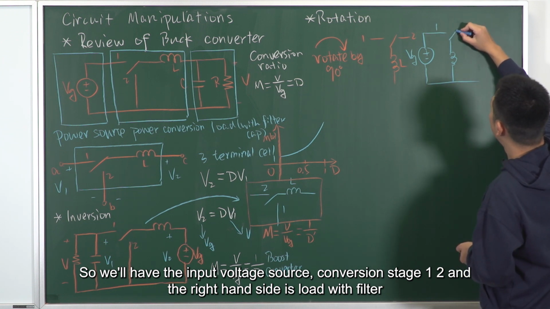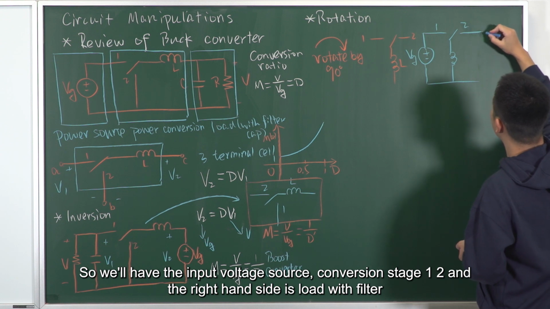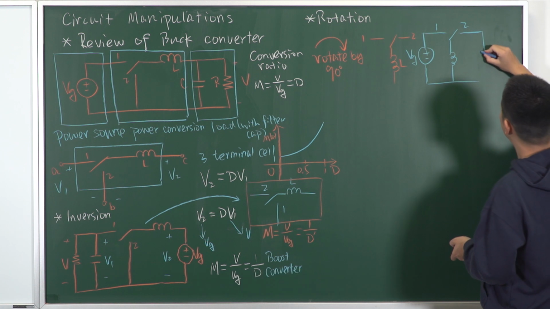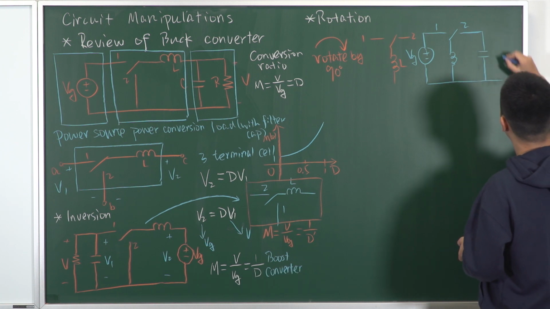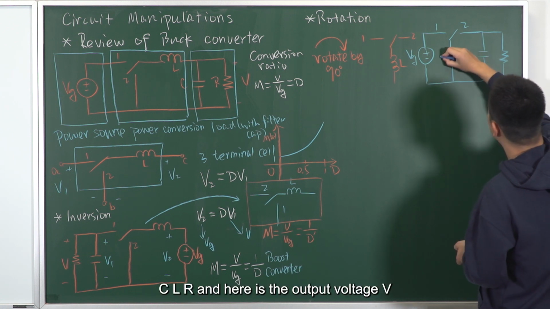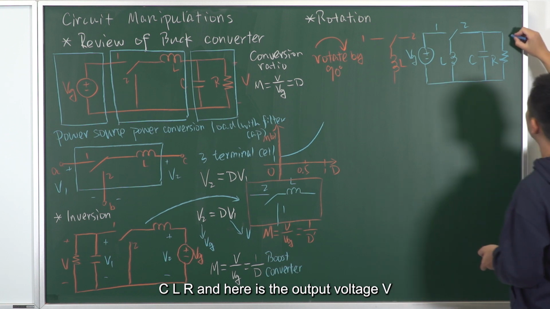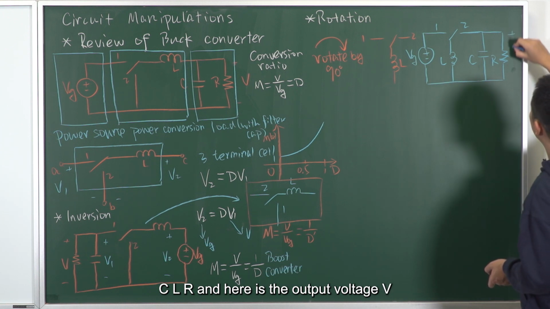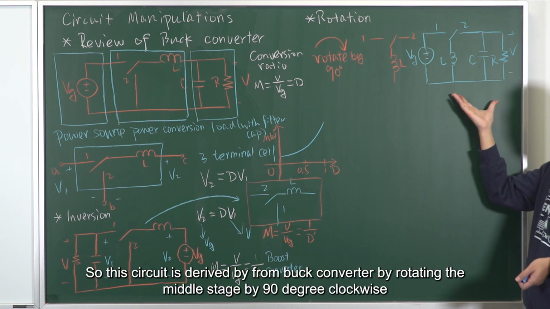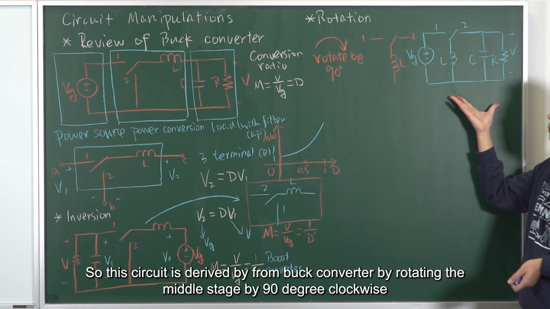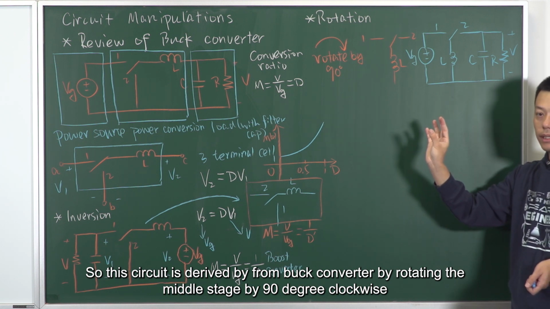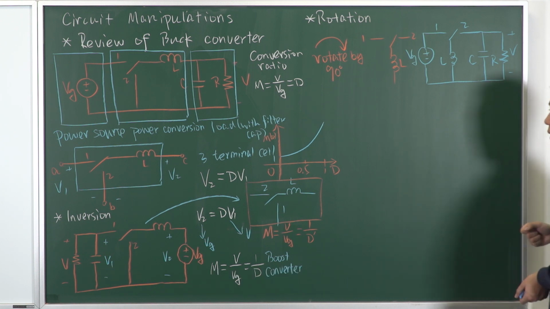Conversion stage 1, 2, and the right-hand side is the load with filter. C, L, R, and here is the output voltage V. So this circuit is derived from buck converter by rotating the middle stage by 90 degrees clockwise.